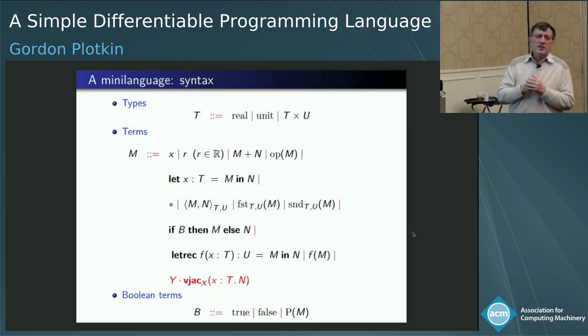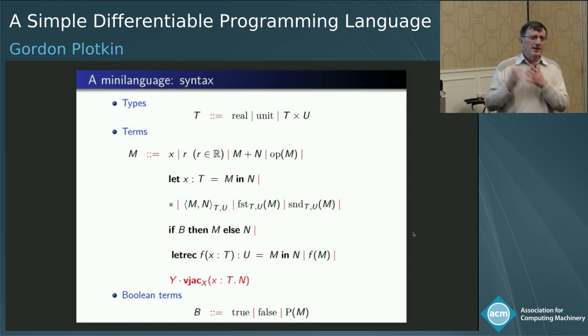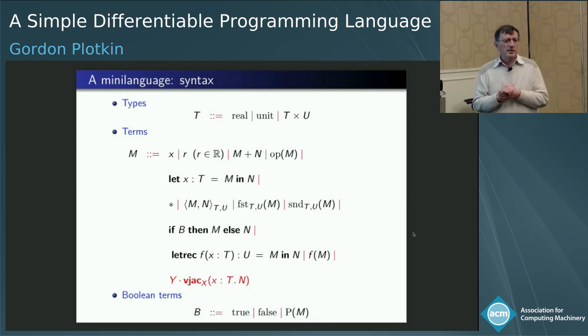The main thing is this reverse differentiation or vector Jacobian operation in red at the bottom of the screen. In the paper, that's done in terms of the differential function, but I thought just for fun, to give myself some fun preparing a lecture, I'd use the vector Jacobian. Anyway, it's a thing that everyone knows is a concrete thing. It's easy to define. But it's not so conceptually pleasant as the reverse differential.